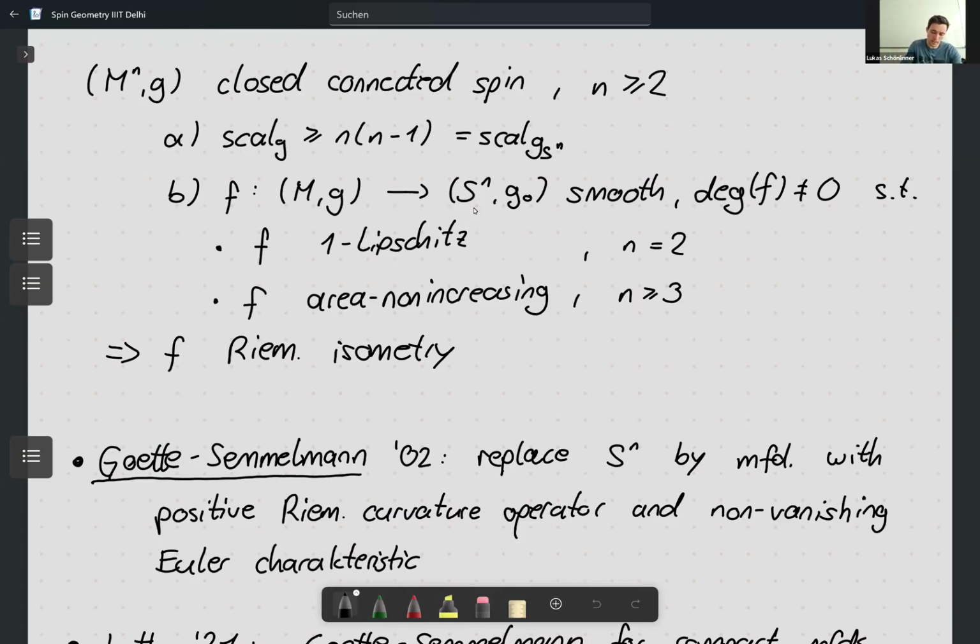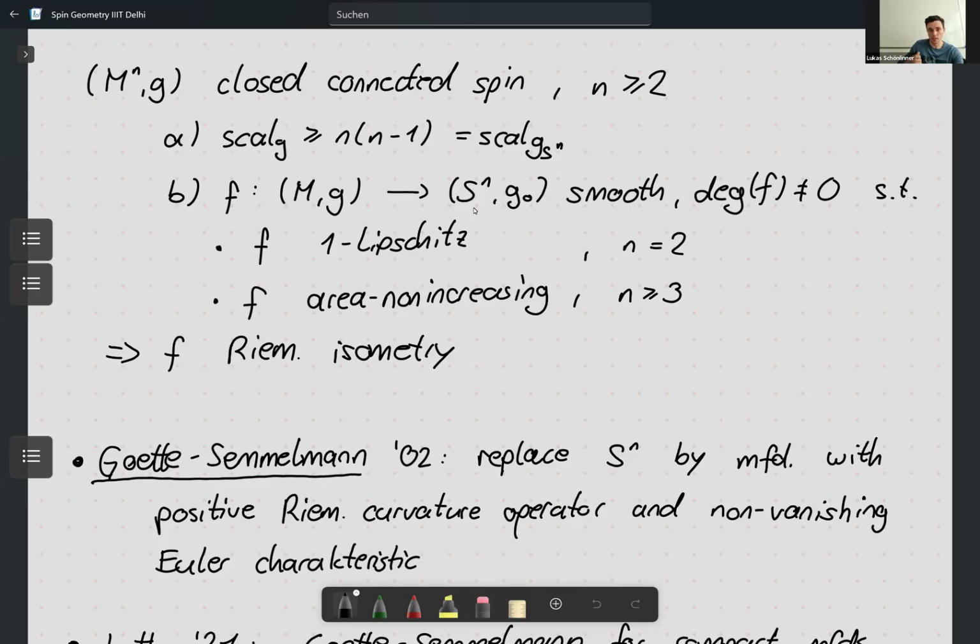Basically, they replaced the n-sphere by a Riemannian manifold where the metric has positive curvature operator, and also a topological assumption, namely the Euler characteristic is supposed to be non-vanishing.